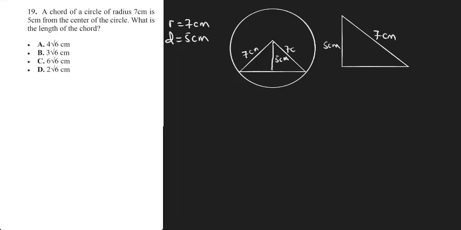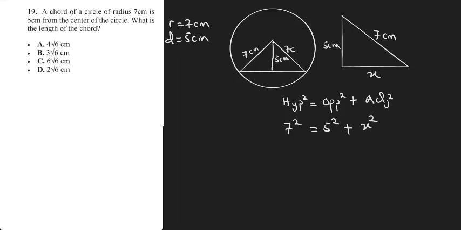So we're going to use Pythagoras. We find x here using Pythagoras' theorem, which says the square of the hypotenuse is equal to the square of the opposite plus the square of the adjacent. So we substitute: 7 squared is equal to 5 squared plus x squared, where x is the adjacent.